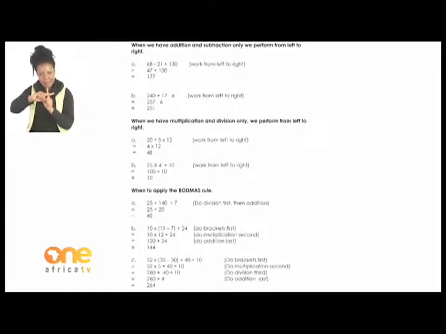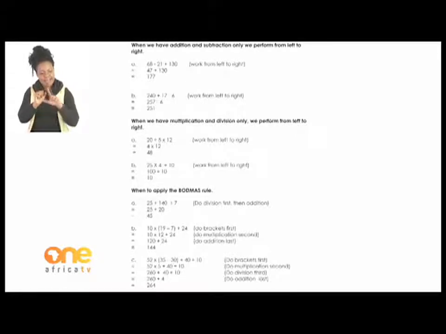So equals 260, and then 40 divided by 10 equals 4. So I'm left with 260 plus 4. And now I do my addition sum last, and that is equal to 264. Boys and girls, I hope you understood BODMAS. Just follow BODMAS always from left to right.